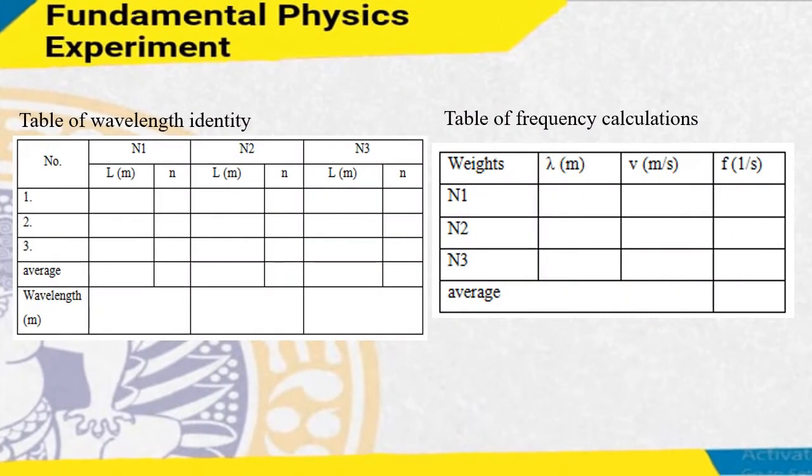The next data you will get from the experiment is about the wavelength identity. On the left side of the table, this is the information for N1, N2, and N3. The small n is the number of waves you observed and counted during the experiment, and the L in meters is the length of the wire from point B to C, and you have to do 3 repetitions and get the average for each.